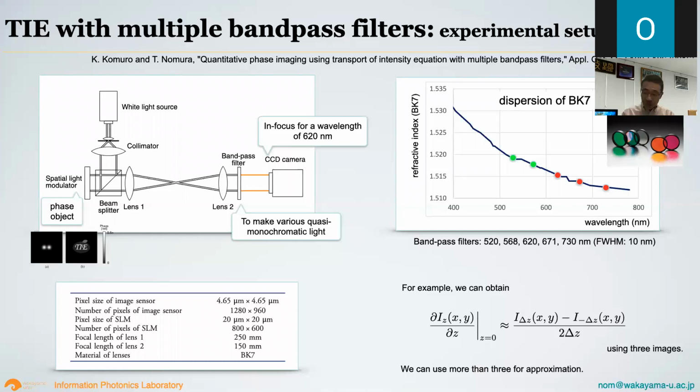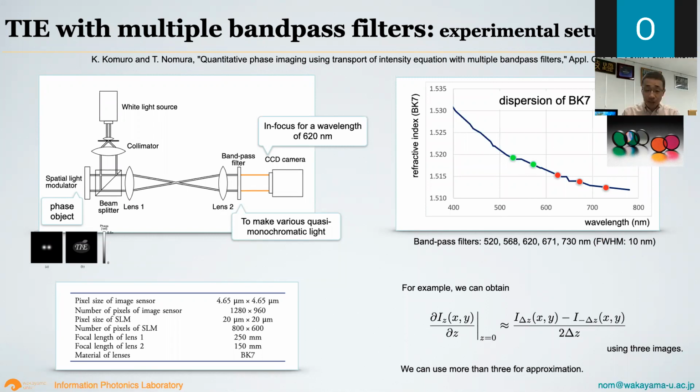This is an in-focus image. Number 1, number 2, defocus image. We can obtain dI/dz using finite approximation using this equation. Sometimes we can use 5 data for finite approximation.